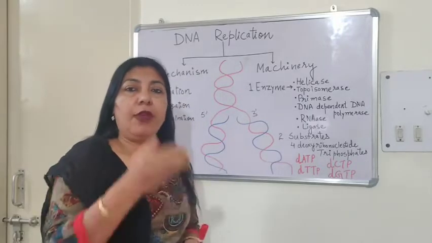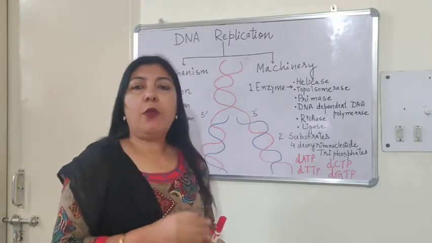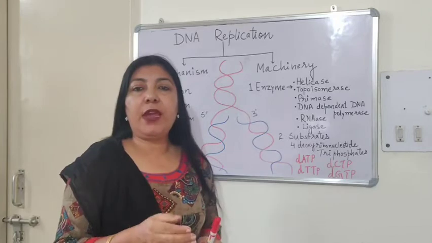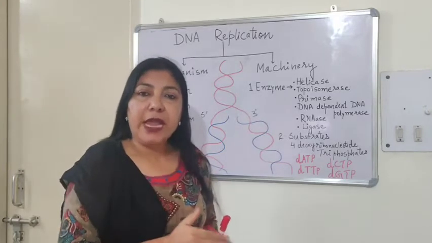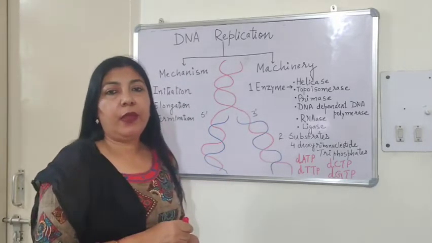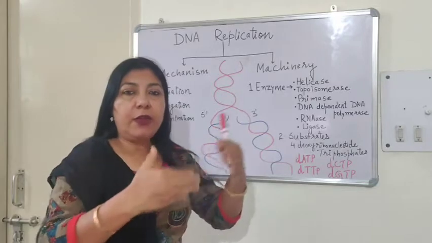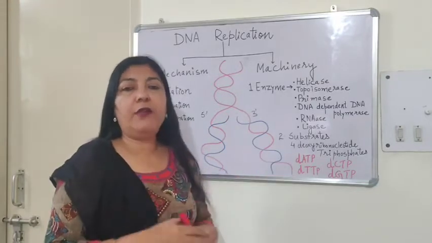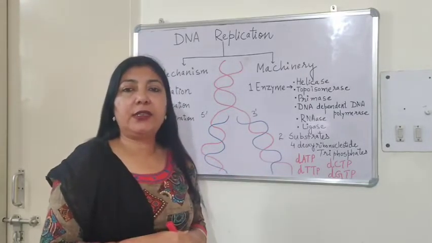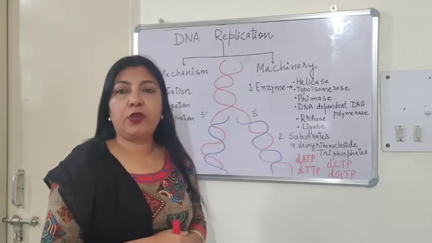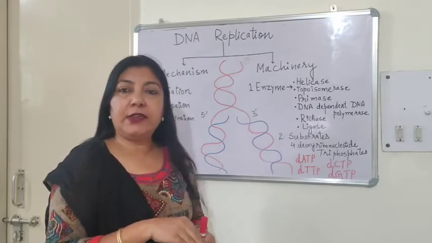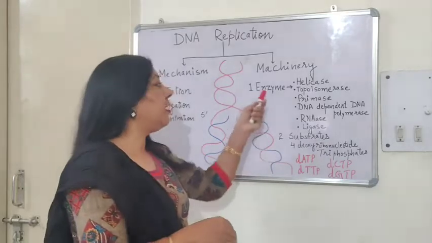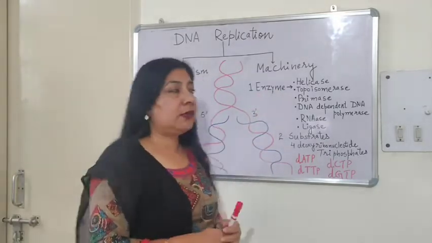Topoisomerase will break, or nick, one strand, and as a result whatever pressure is created because of the unwinding of the DNA helix is released. Again it will seal it. Nick and seal is done by topoisomerase.